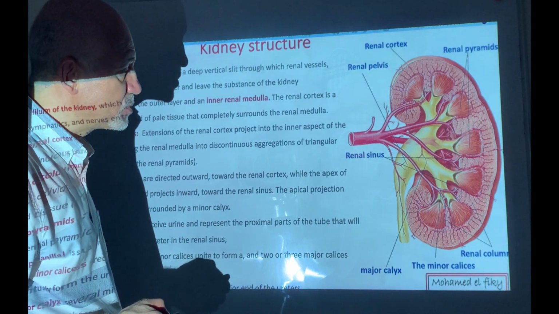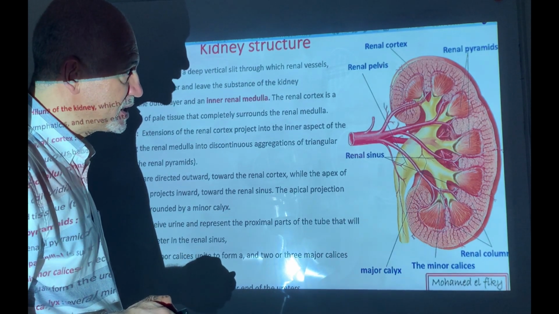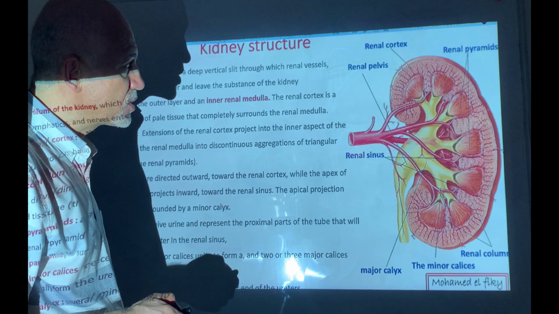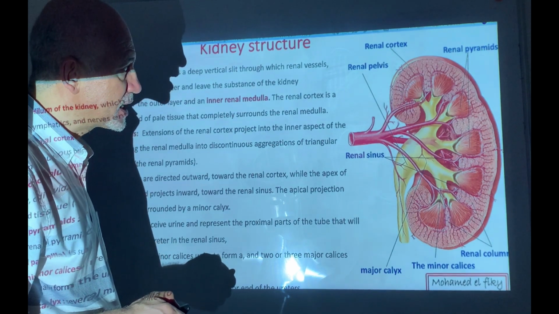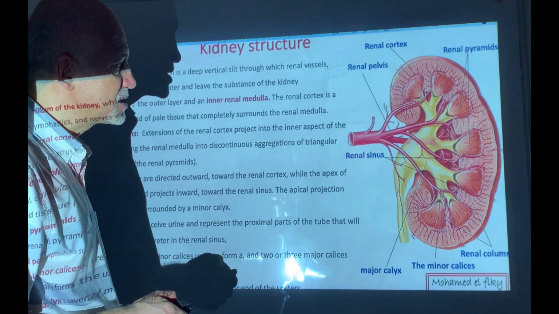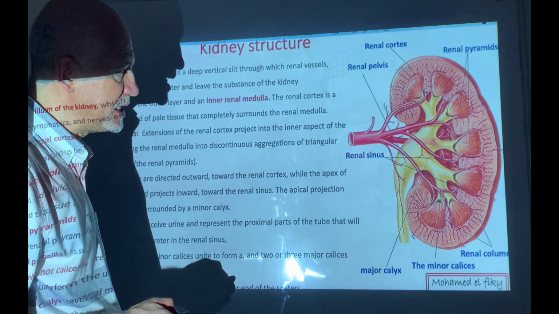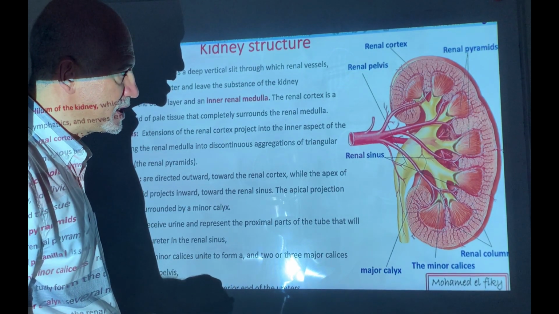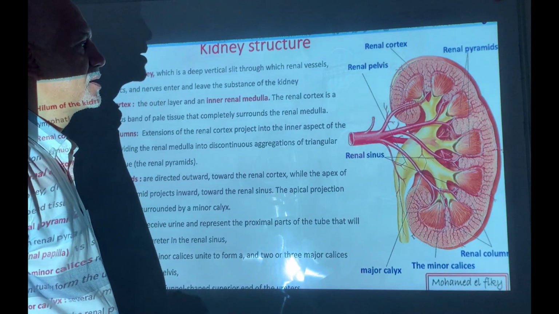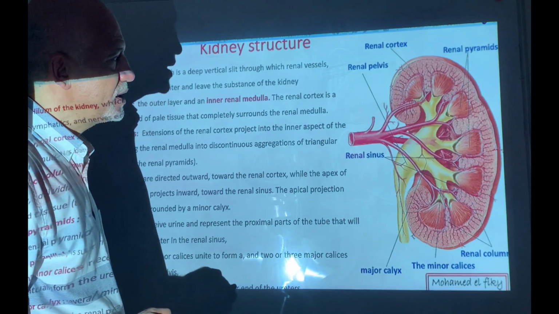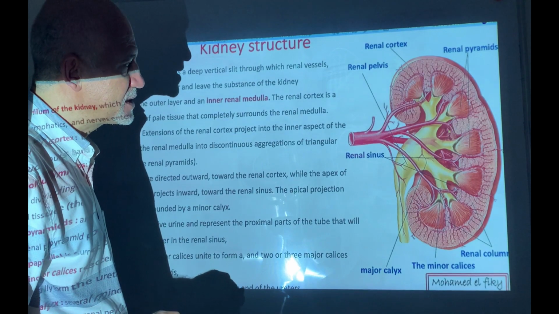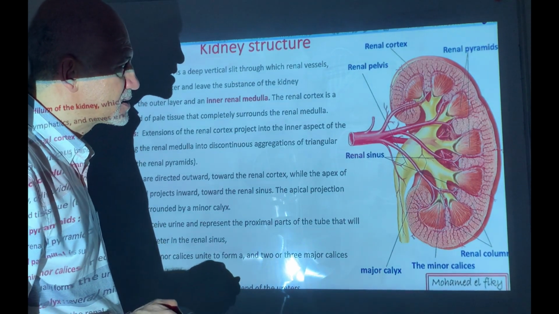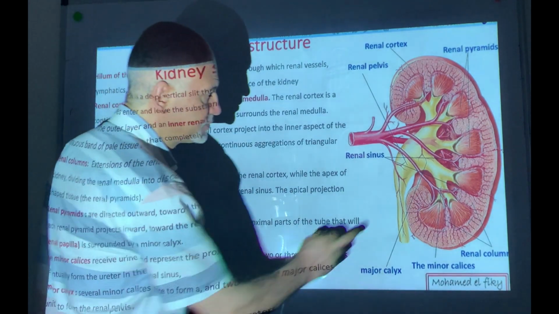From the apex of the pyramids, minor calyces surround the apex. The apex is called the renal papillae. Between the minor calyces, this area is called the renal sinus.